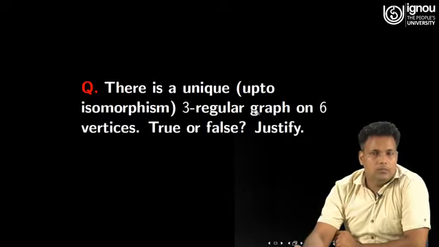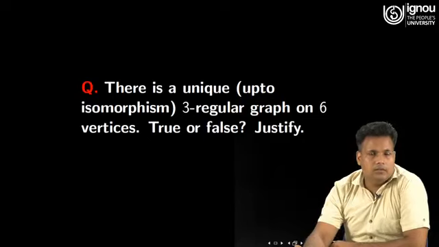So what you have to do is construct all 3-regular graphs on 6 vertices and see whether they are isomorphic or not, whether you get any 2 different graphs which are not isomorphic. You can do this yourself. You just try all the 3-regular graphs on 6 vertices and you will get the answer.